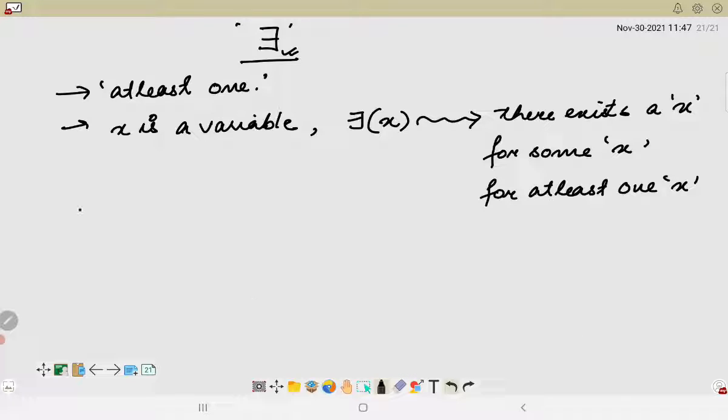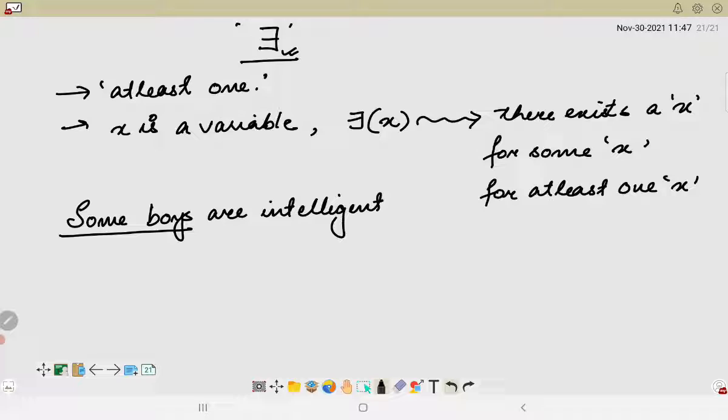For example, if I'm considering "some boys are intelligent", this represents some boys, some quantification here, where the variables x1, x2, x3, x4, up to xn are the universe of discourse and they will be considered as intelligent.